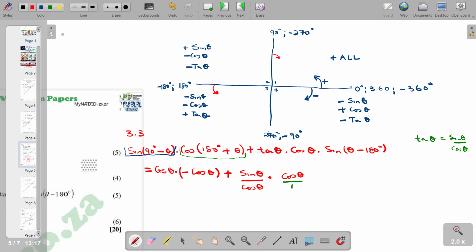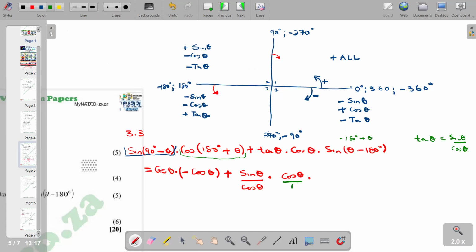Then we are going to multiply. Then here we have theta minus 180. We normally start with the number, so this angle can be written as minus 180 degrees plus theta.